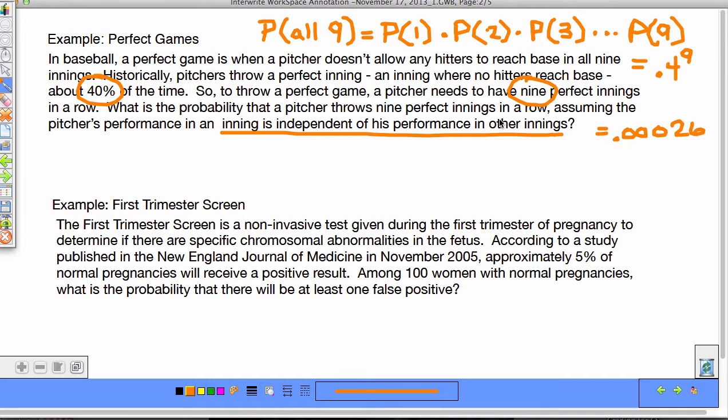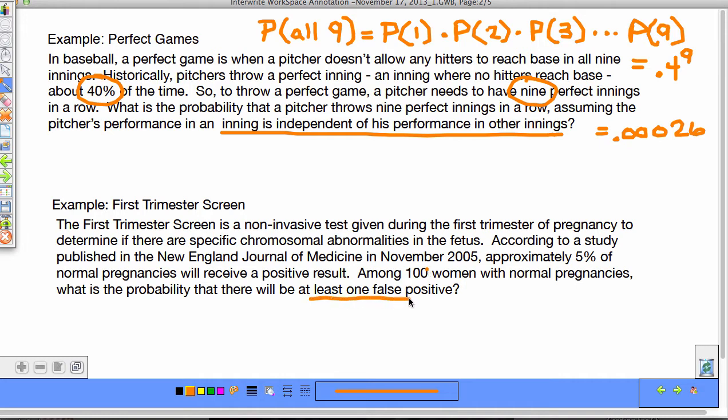It's reasonable for us to assume that these test results between women are going to be independent. There's no reason for me to think that because Susie has a false positive, that's going to affect Mary's results. So they're each independent. If I want to find the probability of at least one, notice I'm saying at least one.